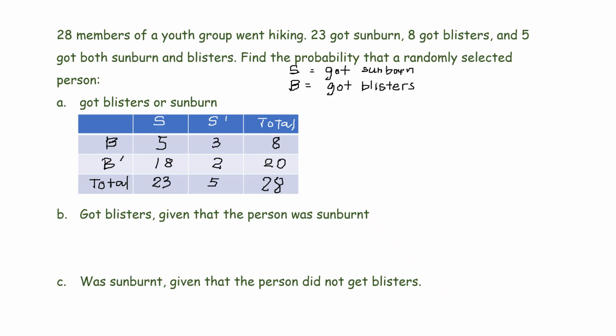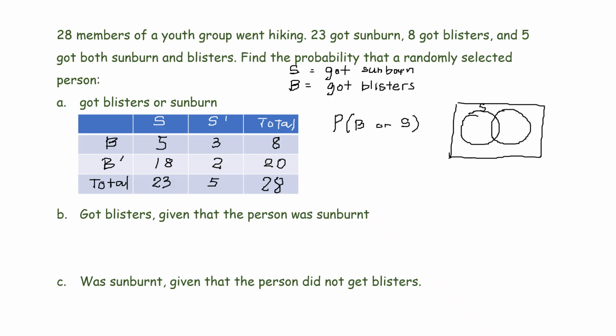Now, the question is, find the probability that a randomly selected member got blisters or sunburn. So union. Okay, we have to use a Venn diagram here. These are people who got sunburn and these are people who got blisters.